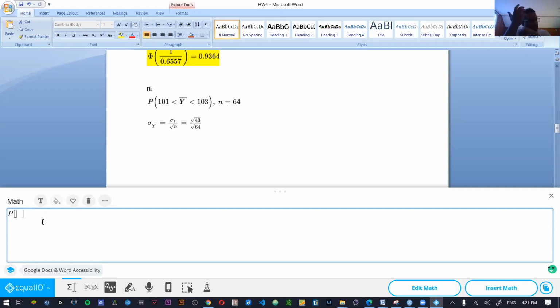So what I'm getting is 101 minus 100. The other section would be 100 minus 103. That's how I said, divided by, okay, let me calculate the square root of this just to use that number. Or that's okay, I'm just going to look at that. Square root of 43 over 64. That's okay, I just put it like this. Minus 100. So I'm translating the problem now to this.